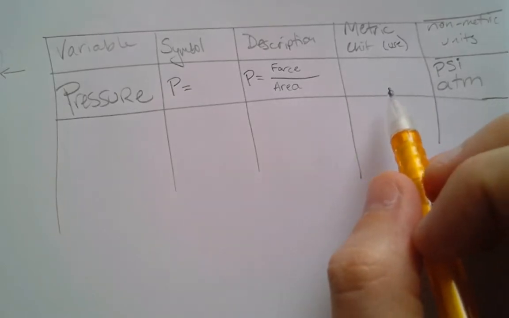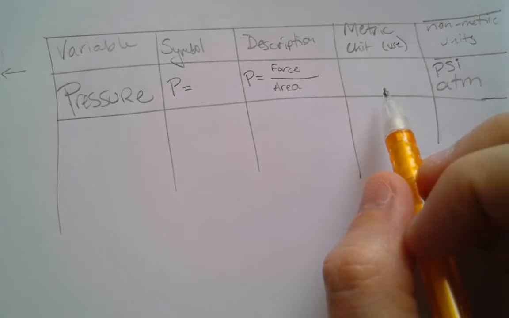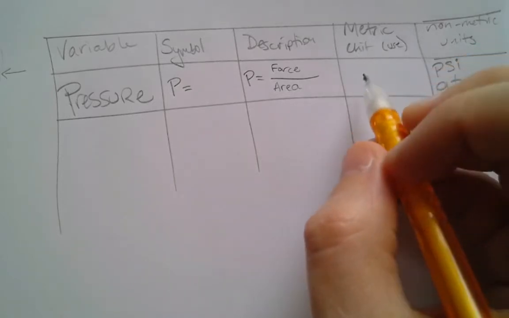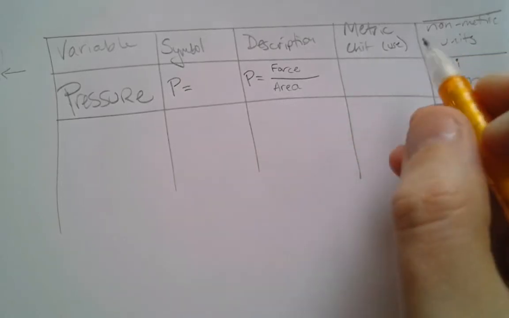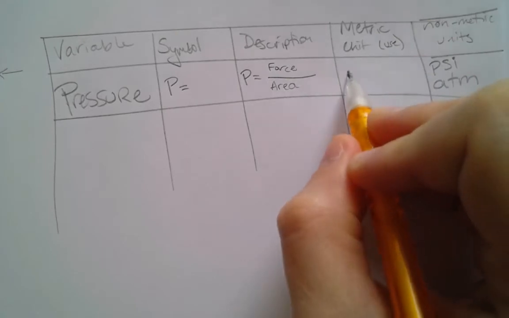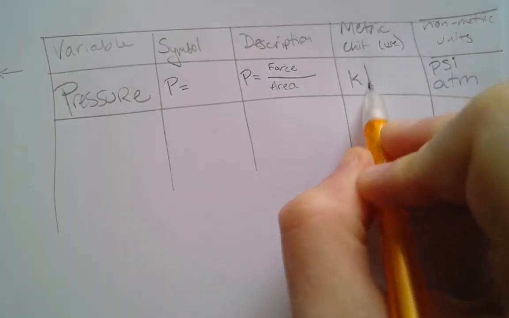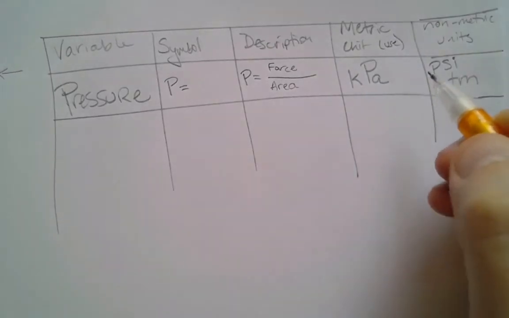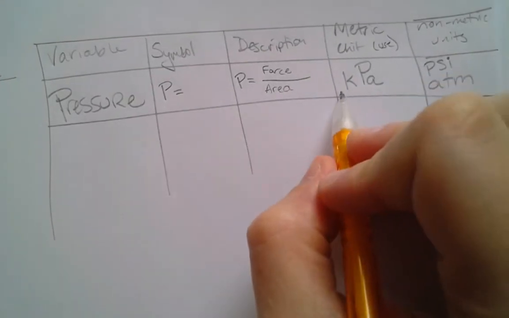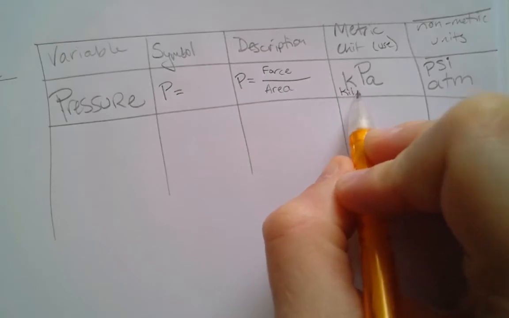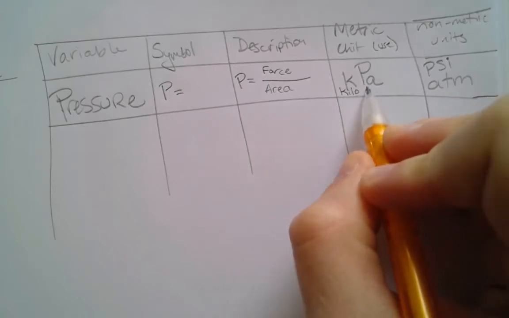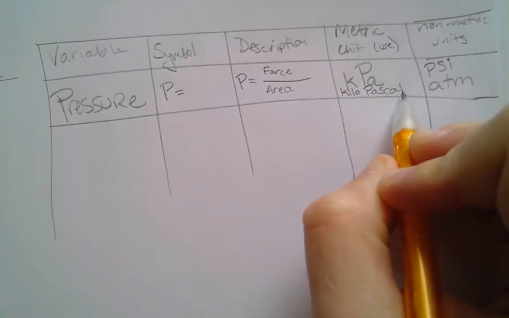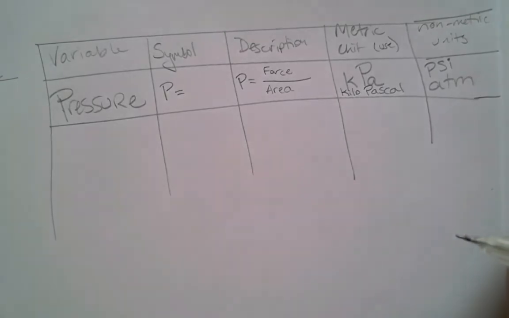The metric unit that we will use, it's possible that you've never seen this before, which is fine. We're going to use the unit of kilopascals. So we've got a little k because it's a kilo. I'll just write this out. That is a kilopascal. Pascal was a human who did work with pressure.